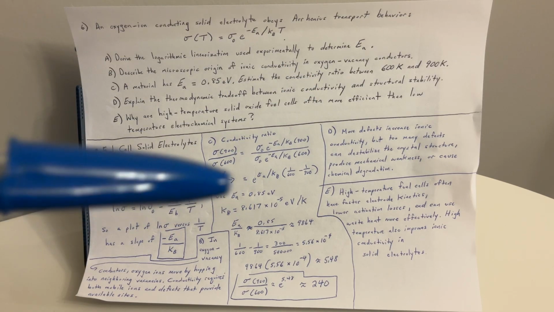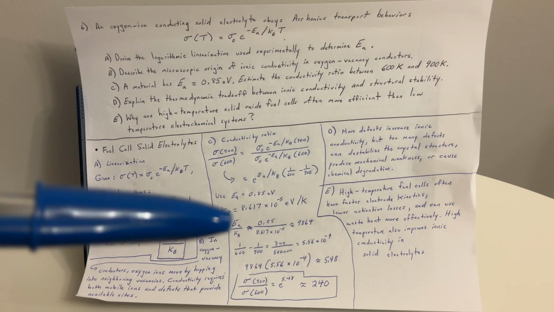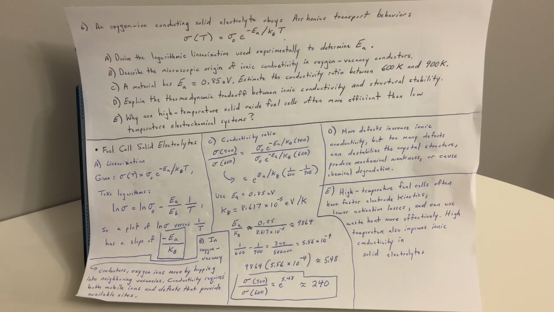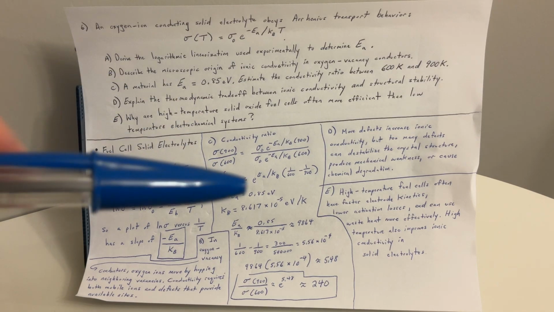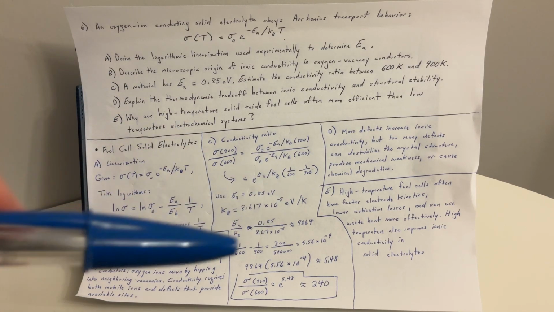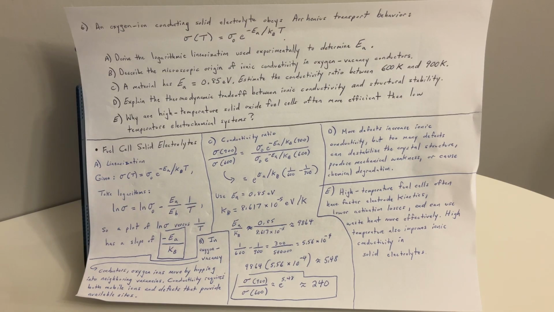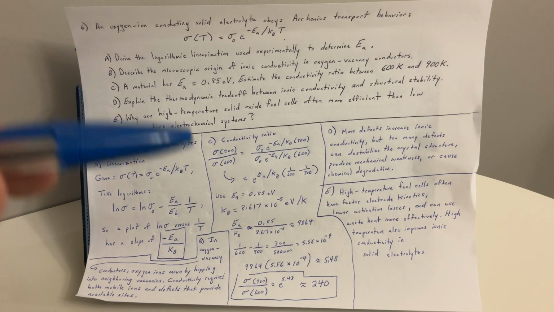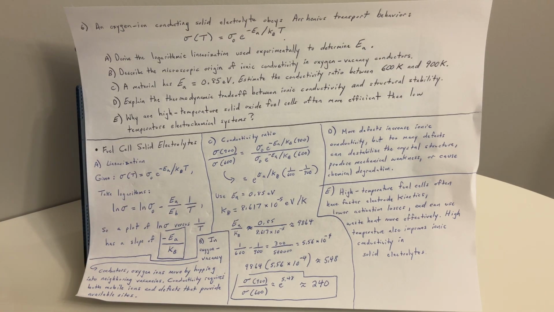Use E sub A as 0.85 eV, so K sub B is 8.617 times 10 to the negative 5 eV per K. So E sub A over K sub B is 0.85 over 8.617 times 10 to the negative 5, which is approximately 9,864.